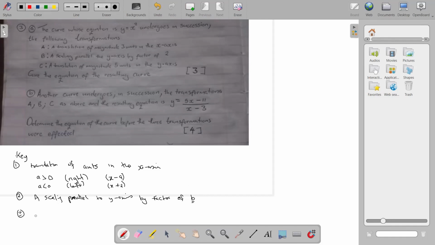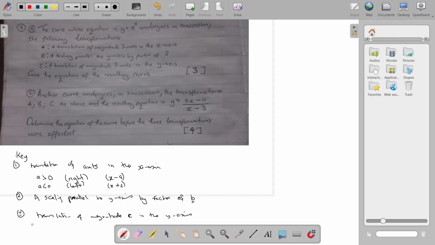Then, lastly, from there you are given a translation of magnitude, let's use another letter, magnitude c in the y-axis.